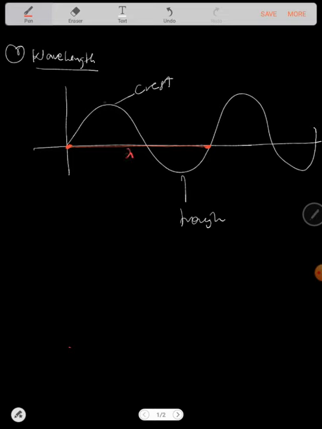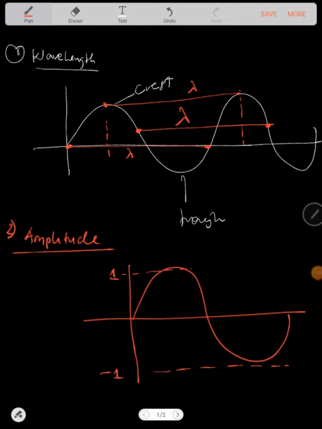Or from half here to another half there, that distance is also a wavelength. Even from here, as long as there's this point and another point there, it is also a wavelength.